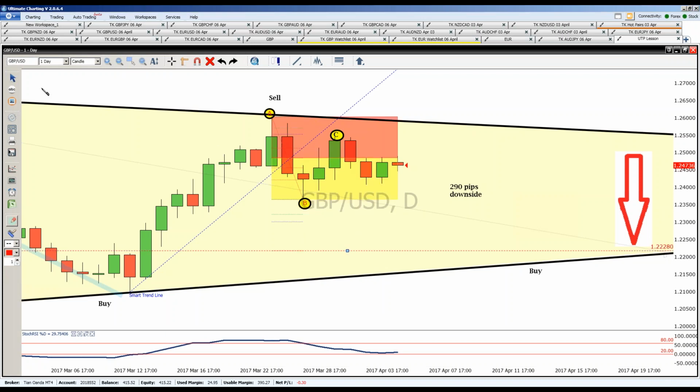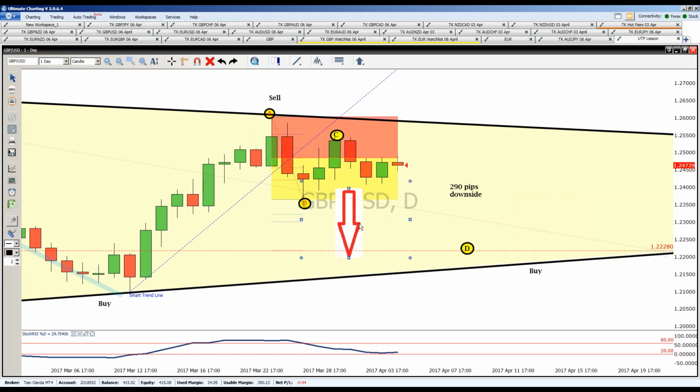There we go. So that will be the D. And that D almost forms a confluence with the triangle support. So I'm pretty sure that when the market hits that D extension, I'm going to stand back, then wait for the market to bounce at support, and then I'm going to buy again.